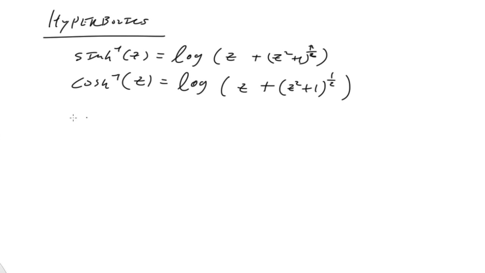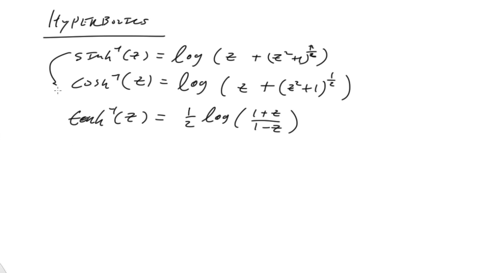Okay, and finally, inverse hyperbolic tangent is equal to 1/2 complex log of 1 plus z over 1 minus z. All right, and of course all of these are also analytic over their domains.